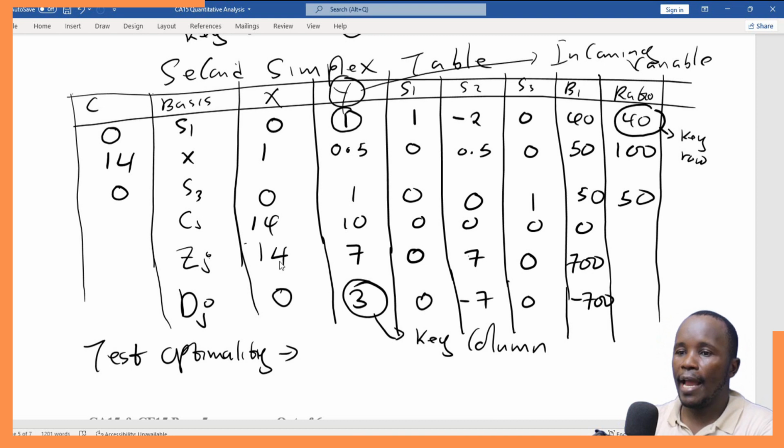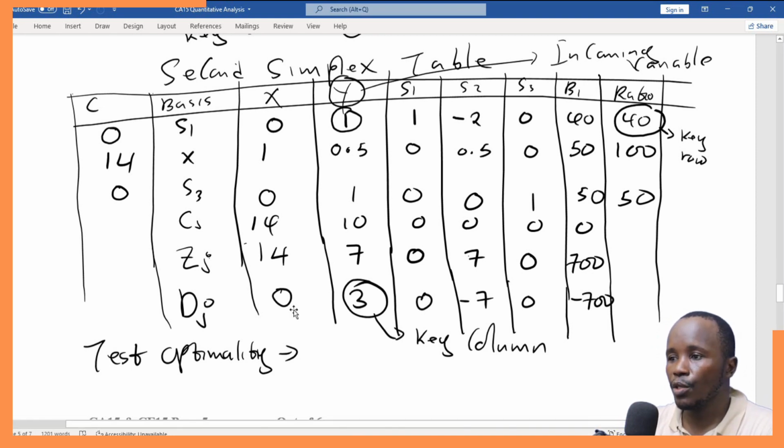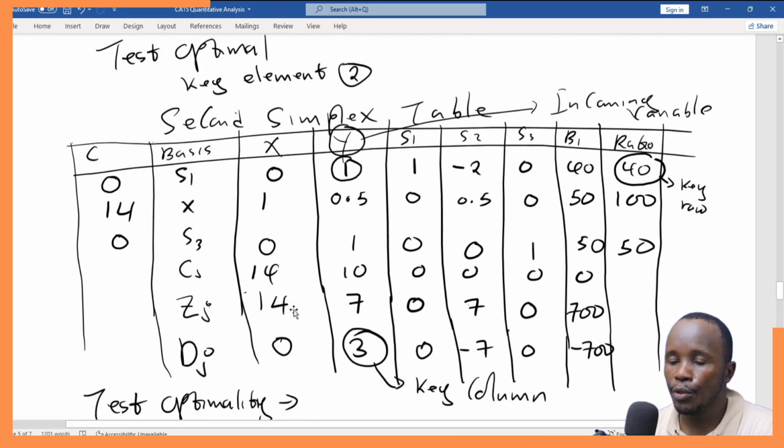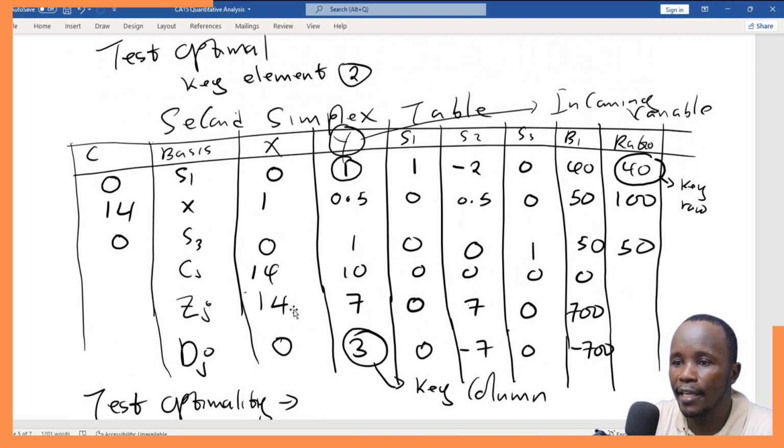Good. Now, having identified the key element, we are now able to get our third simplex table. After identifying the key element, we are going to circle this one, and this is called the outgoing variable.